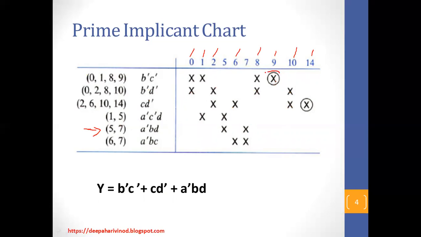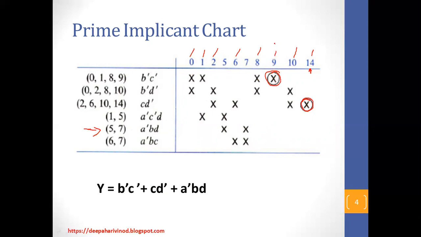See, in this case you have only one cross, which means only this prime implicant can cover this min term 14. In the same way, only this prime implicant can cover this min term 9.